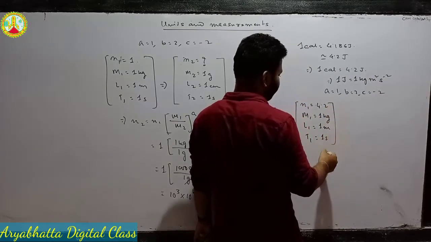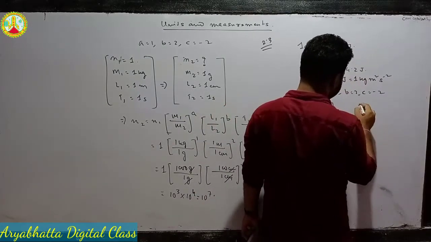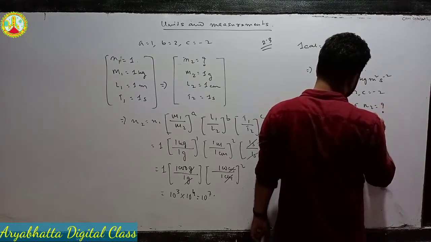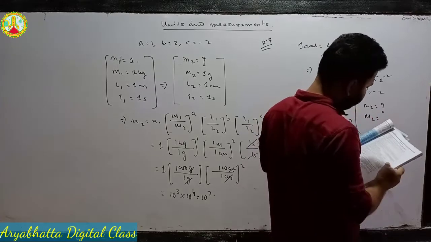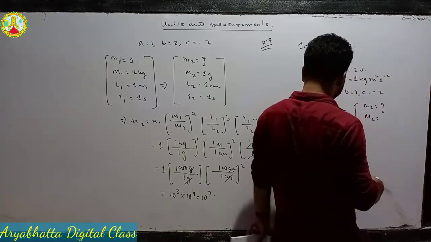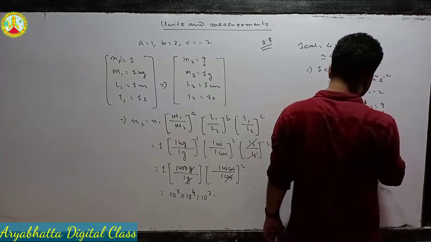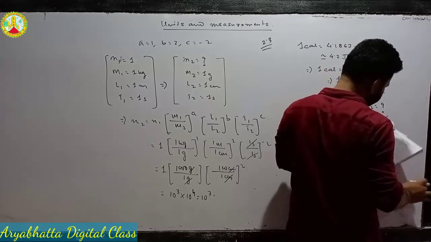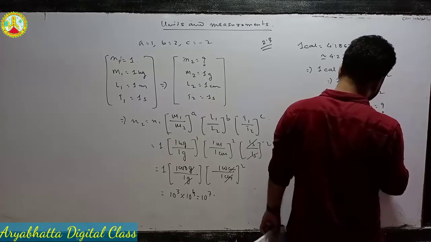This is one system of units, and we are converting it to another system of units where we do not know N2, but M2 is given as alpha kg, and we do not know what alpha is, and length is beta meter.